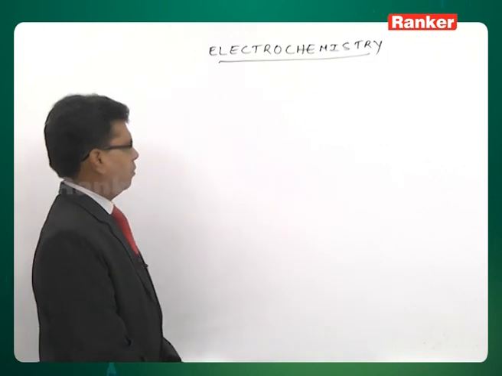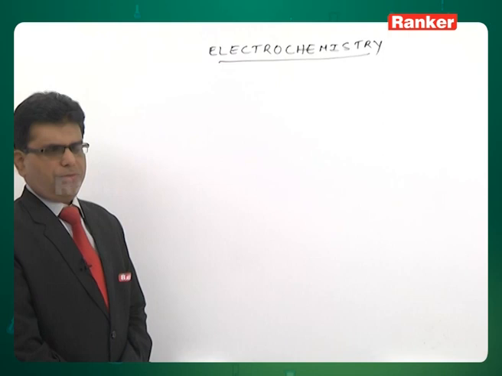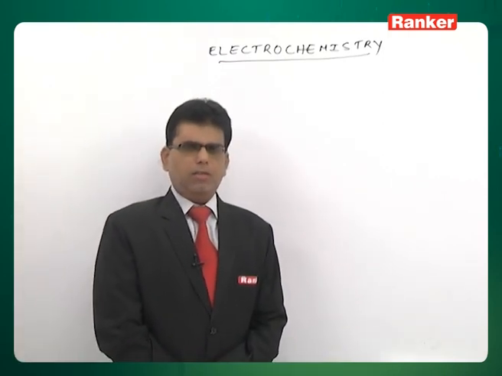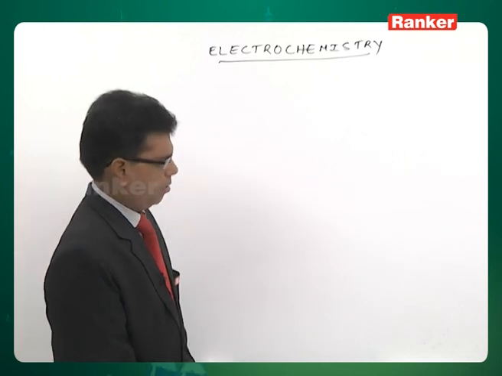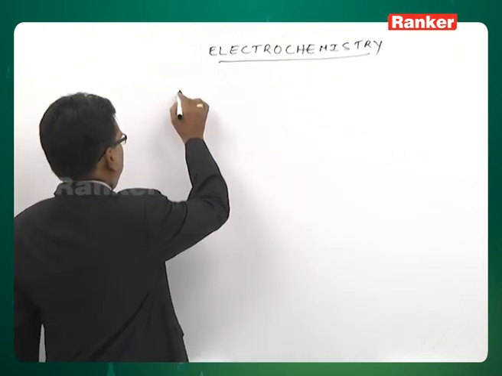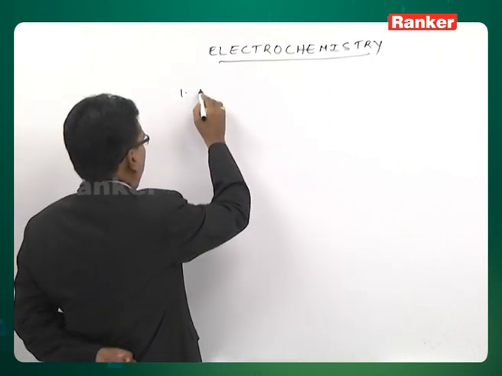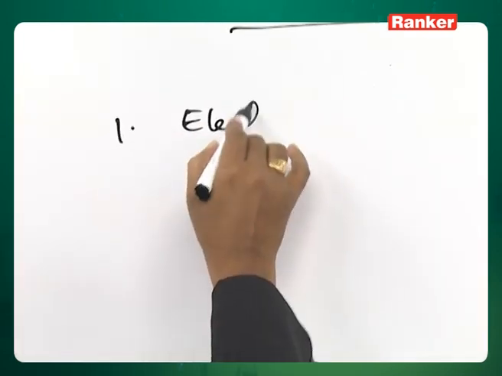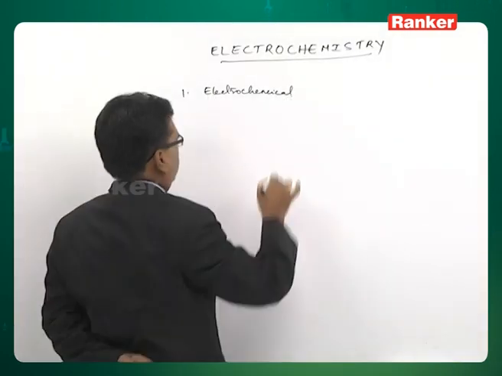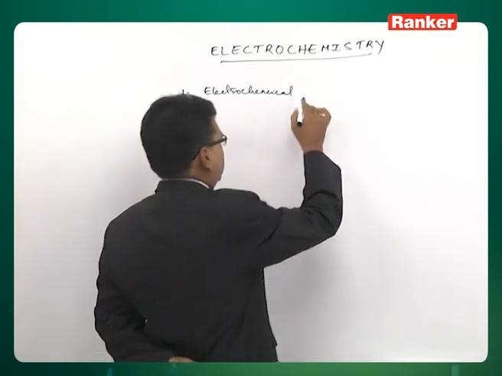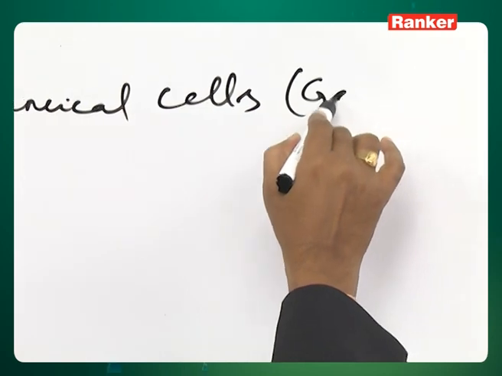This topic of electrochemistry is mainly classified, as per our syllabus, into 3 categories. First one is the electrochemical cells, that is, the galvanic cell.